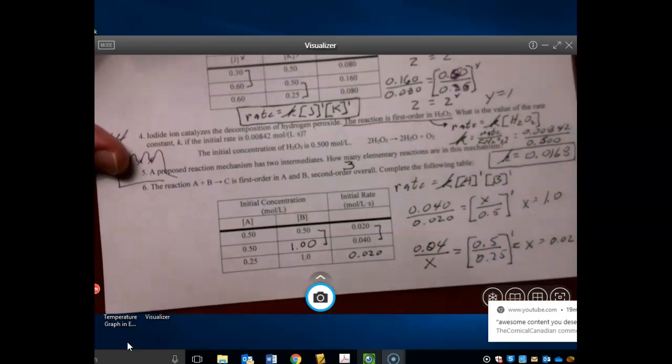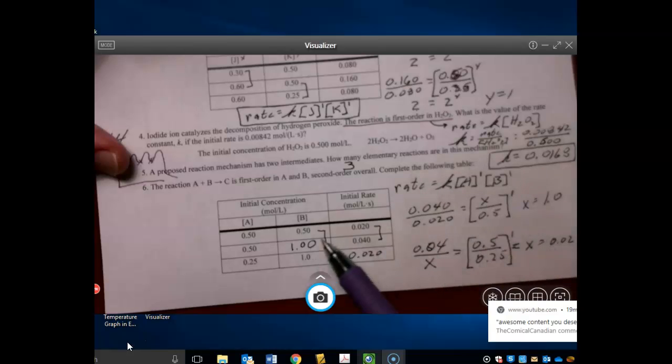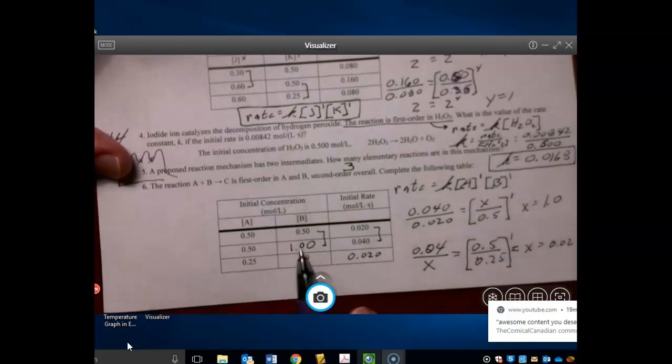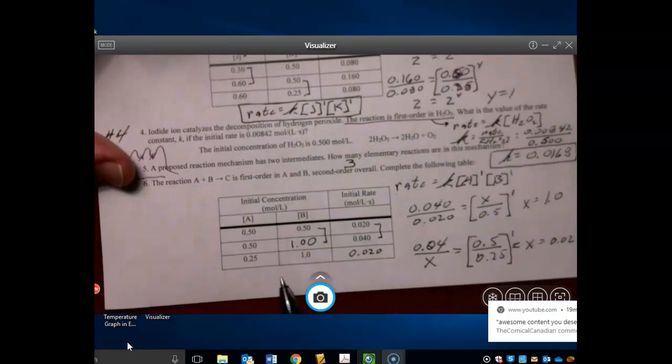But if we want to show how we would do that mathematically, we take this rate divided by this rate, and we could call the number here that we don't know x, and take x over 0.5, that's what I'm putting here, and that's to the first power. And so if you solve for x, you get x is equal to 1. But again, just by understanding what a first order reaction means, you can get that number from the data as well.